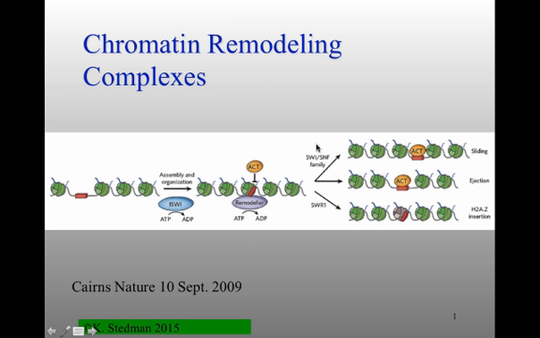A different chromatin remodeling complex, the SWI/SNF complex, which we've talked about before, can either move the nucleosomes along so that they're not on this binding site anymore. They can completely remove one of the nucleosomes, allowing access to this site. Or, in some cases, again, this is now our histone chaperone here, which will change out the histones and then allow the association of your activator binding protein to this particular site.